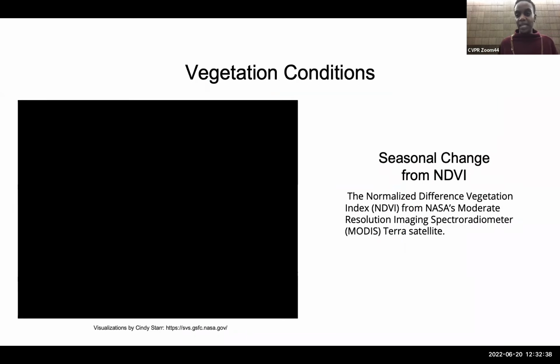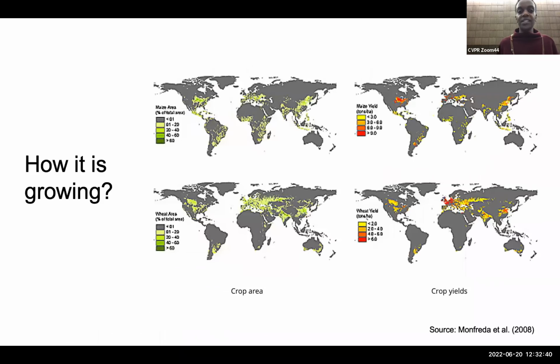And why might this be important? I apologize for the quality of these maps. It's not my fault. But what it's trying to show is that the top left is where maize is grown, I believe the green one right here, if you can see my cursor. And then this is showing maize yield.